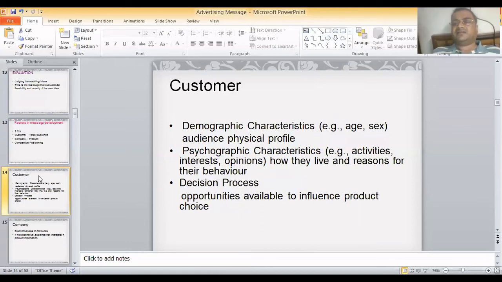Psychographic characteristics are related to the psychology, that is, what is the living pattern, what is their behavior, what are the activities, what is the interest, and all these things. Then the decision process, how you can influence the customer to buy your product.